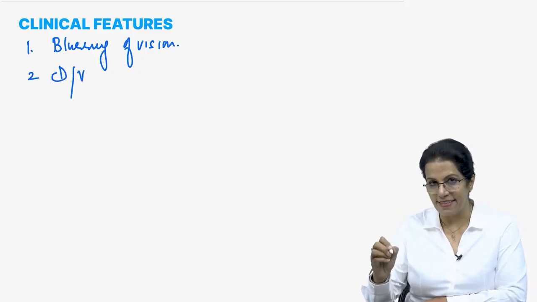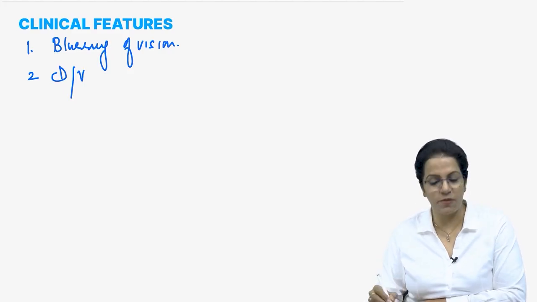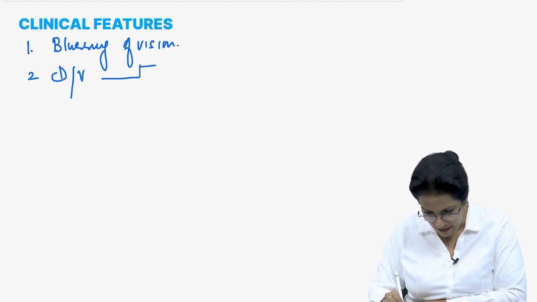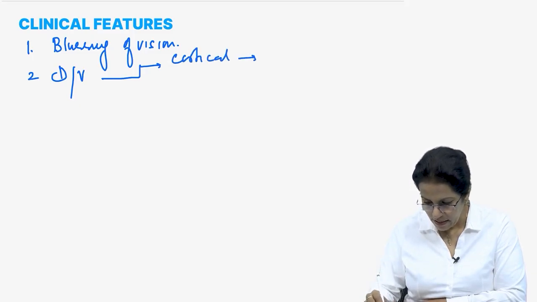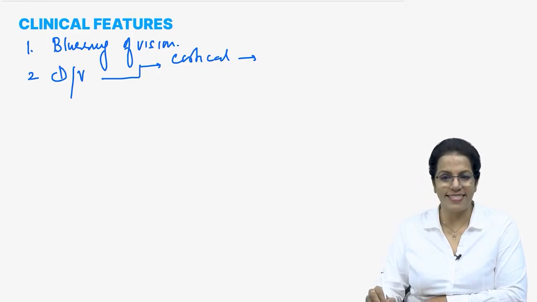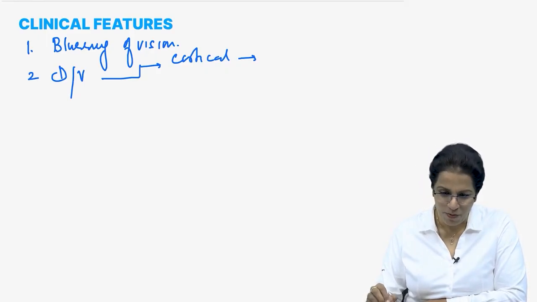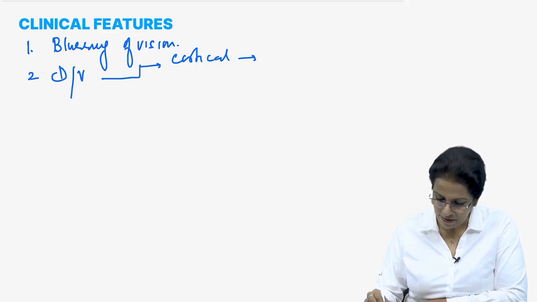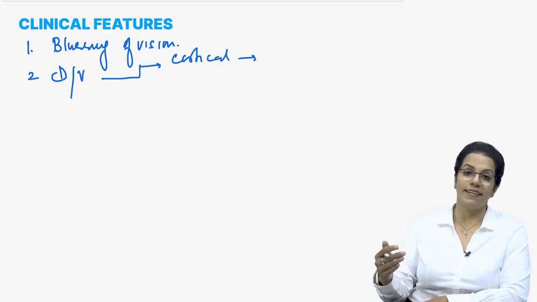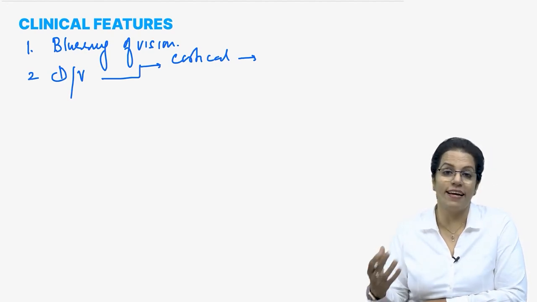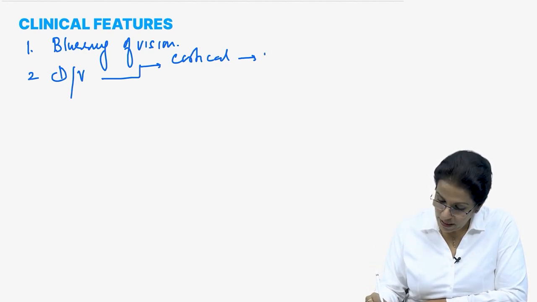Let's think one by one. When we were talking about the different types of cataract, if it is a cortical cataract, the diminution of vision is going to be more in the daytime, right? I'm so sorry, more at night, because the pupils are dilated. So there will be more difficulty at night.